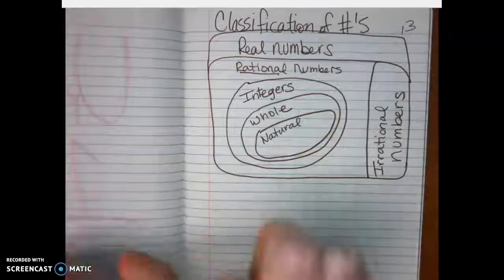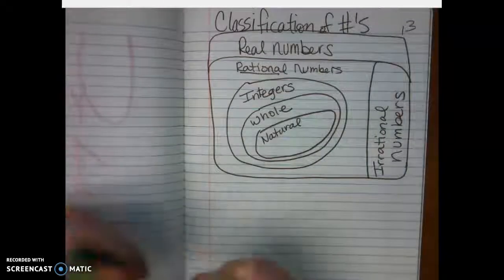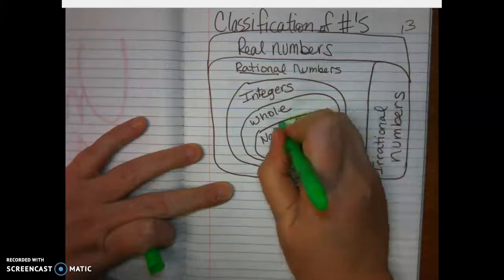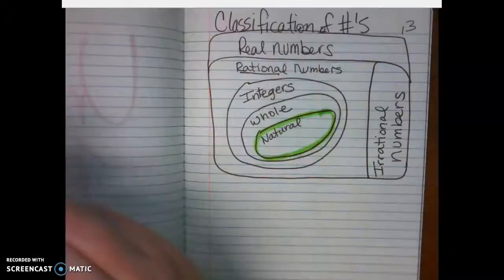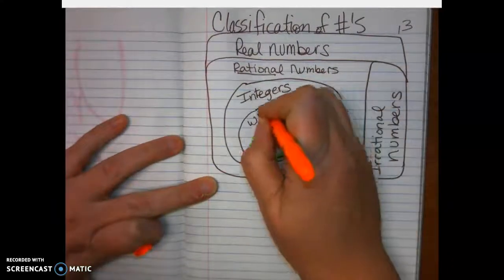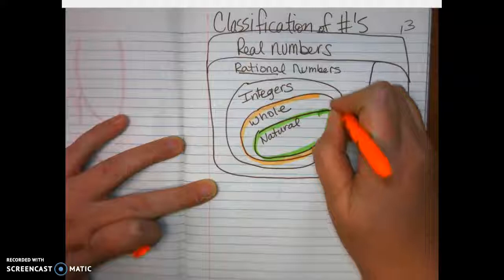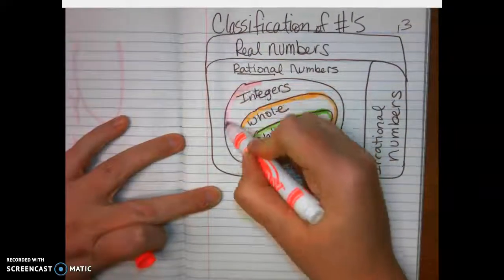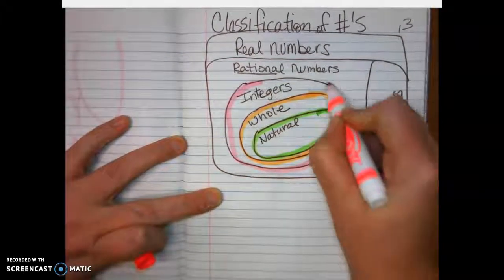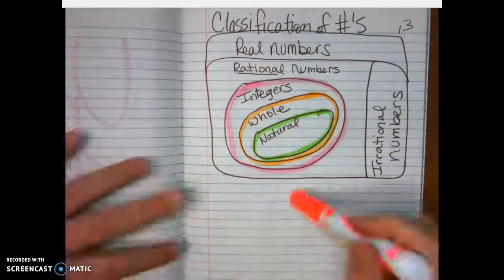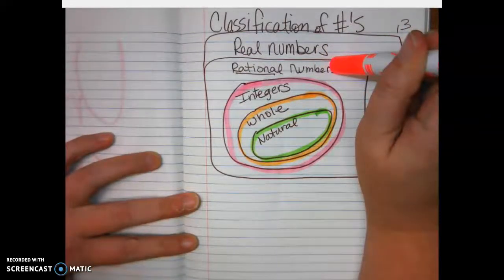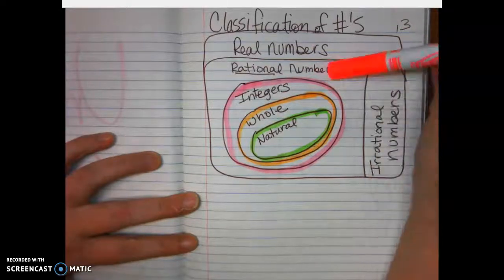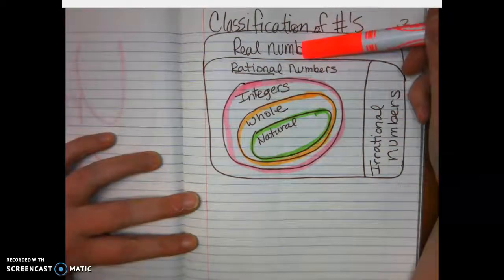Okay? Now, I like some color. You don't have to. So everything inside my green one is also inside my orange one. Okay? Which also happens to be inside my integer. Okay? All of those are rational numbers. And all of those rationals and irrationals are real.